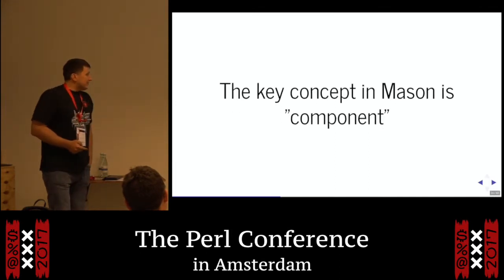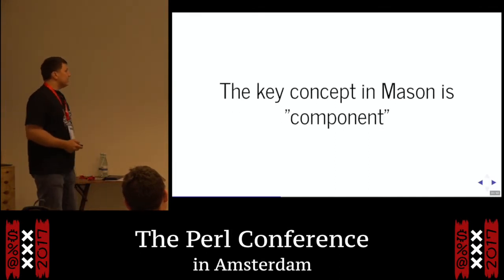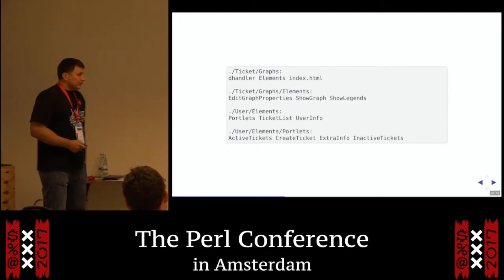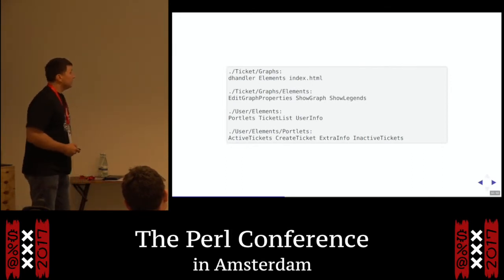It's built with Mason, and the key concept of Mason is the component. If we look at RT's code, we see a lot of files. Each of these files is essentially a component. It contains a mix of HTML and Perl code.